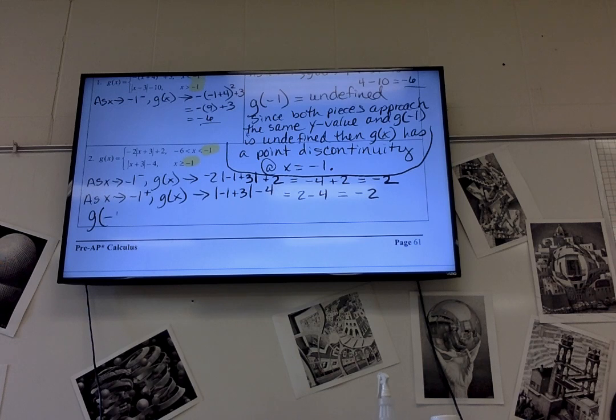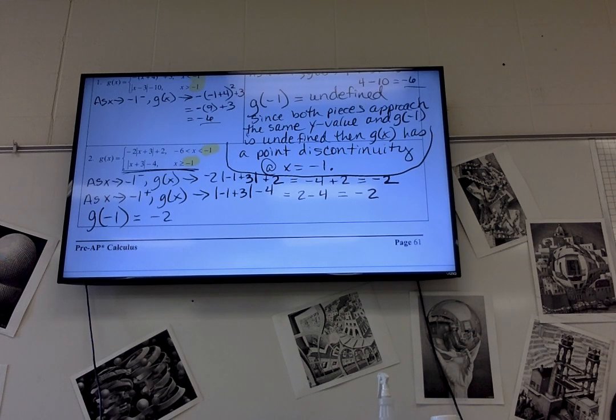Do we have a value for g of -1? Yes. What is it? It's -2. It's this one, because that's where it's greater than or equal to. So what does that tell us? It's continuous.